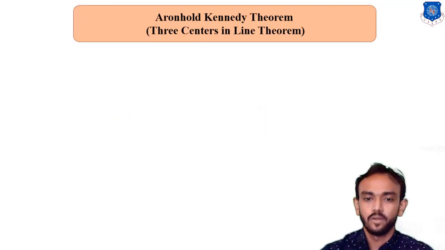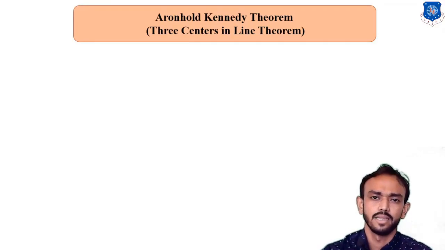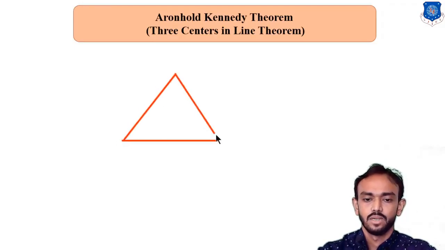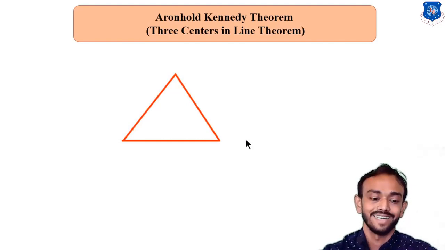Okay, let's start the Aronhold-Kennedy theorem. It is a very simple and small theory. Let me give you one example. If there are 3 links, how many I centers can you find here?